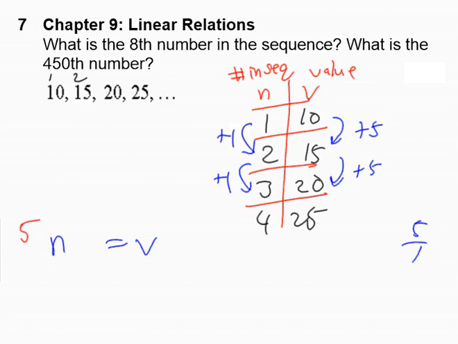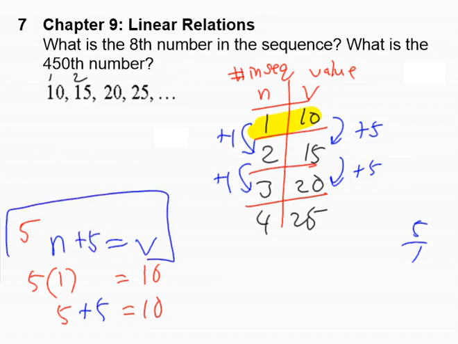Take any ordered pair, in this case 1 and 10, and substitute it. n is 1, v is 10. 5 does not equal 10, so a constant of adding 5 is required. Therefore, multiplying the number in your sequence by 5 and adding 5 will get you the value of the number. So for the third number, 20: if I multiply 3 by 5, I get 15, and 15 plus 5 is 20.